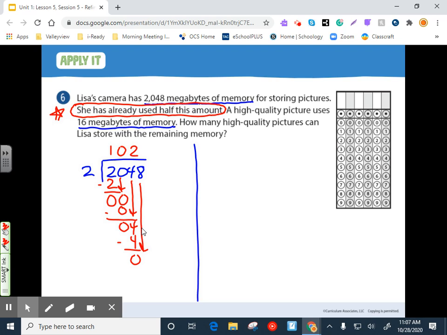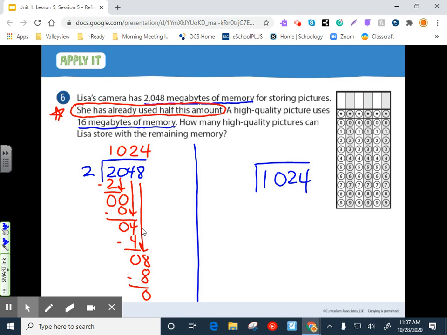Bring down your 8. And that goes in just like that. Okay. So she has 1,024 megabytes left. So let's do part 2. That's how much she has left in the camera. Whoops. Let's put the wrong number here.